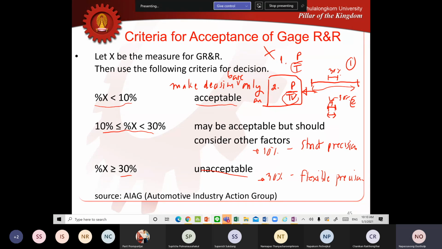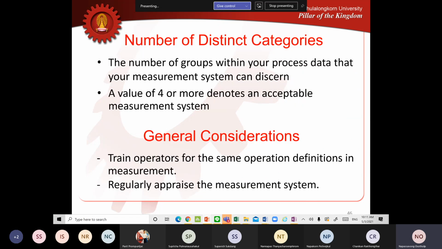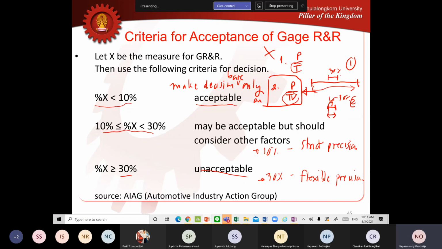Do you get that? So the precision or the variation of the gauge that we allow or accept really depends on the variation of what we are measuring. If we are measuring things that have large variation, we can allow large variation of the gauge.